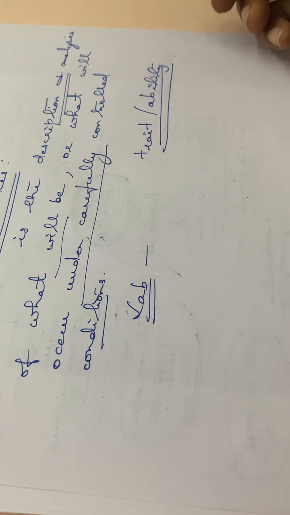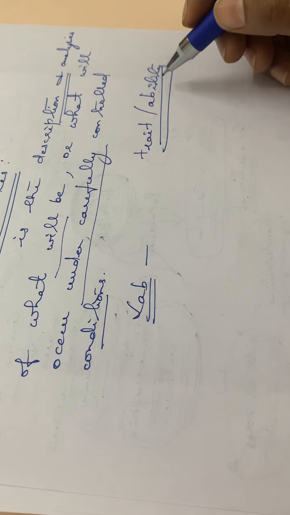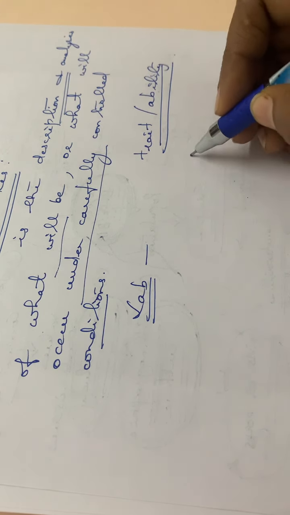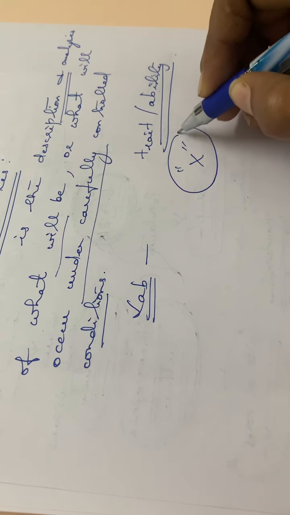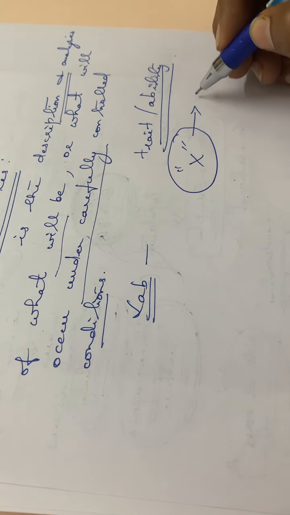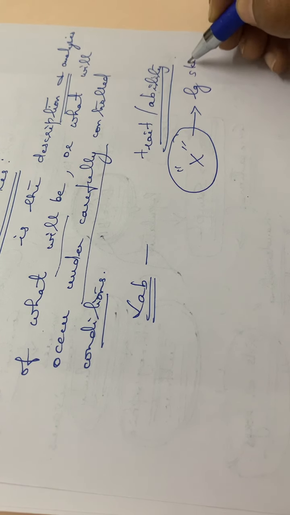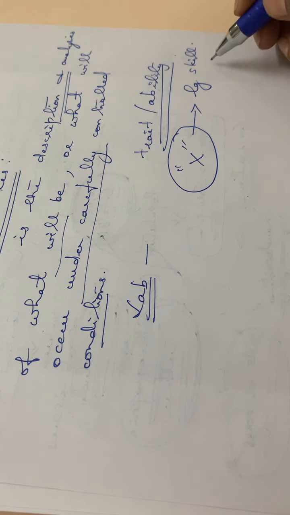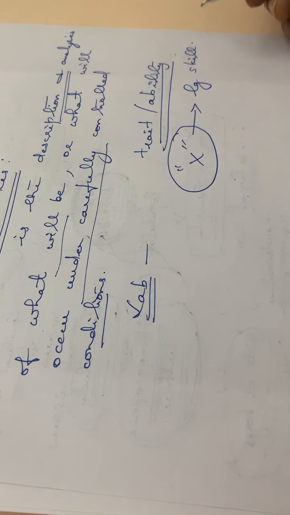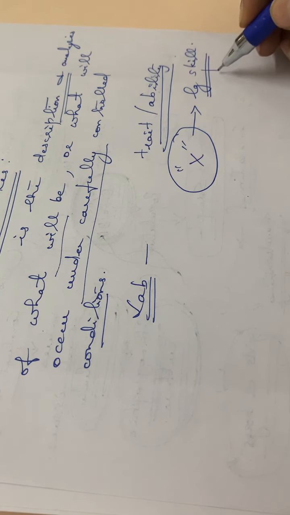So suppose there is a student named X. Suppose I want to know the learning skill of that particular student, and how this learning skill will be improved when I give a learning package with the help of a computer-assisted package or whatever it may be.